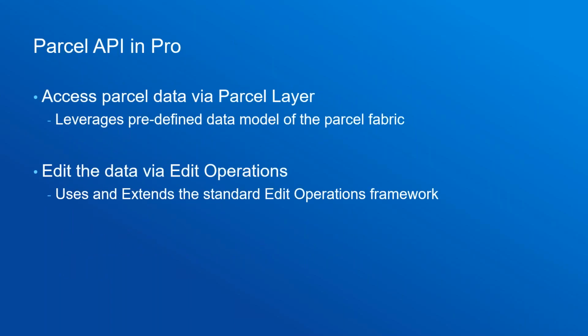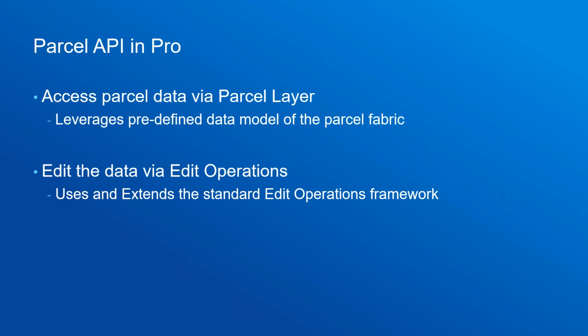So the Parcel API in Pro has 2 key functional areas. The first is the parcel layer that allows us to access the data. And the second is the edit operations framework. The parcel data model has a predefined and well-known information model. Since you're here learning how to develop on it, I'm sure you're very familiar with the data model for the Parcel Fabric.